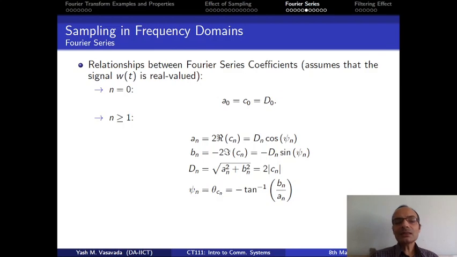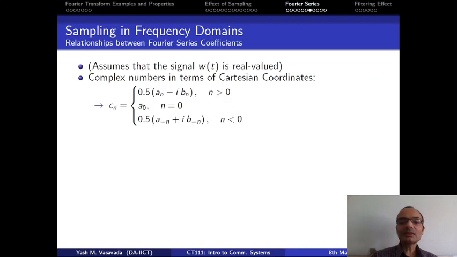And it turns out that there is a relationship between the A's, B's, C's, and D's, and those relationships are written over here. By using simple complex mathematics, you will be able to prove all of these equations.